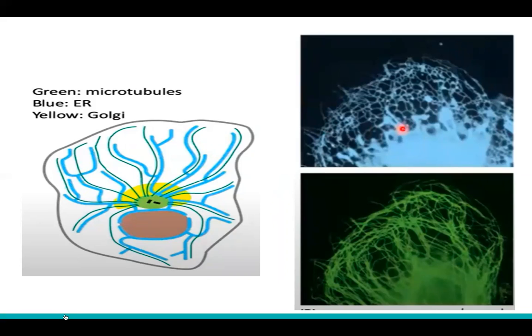Oh yeah, and before I forget, another technique she mentioned is fixing and staining, where you freeze a cell and then introduce antibodies that are tagged with fluorescent coloring.